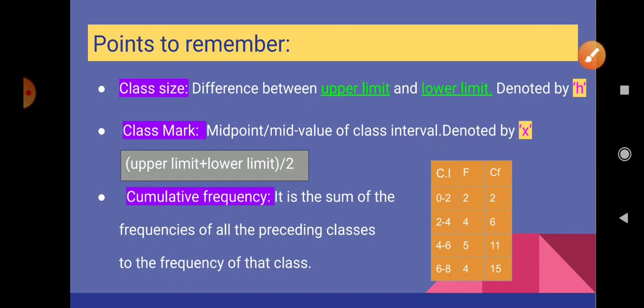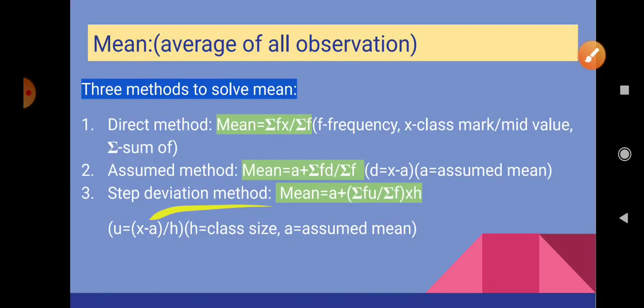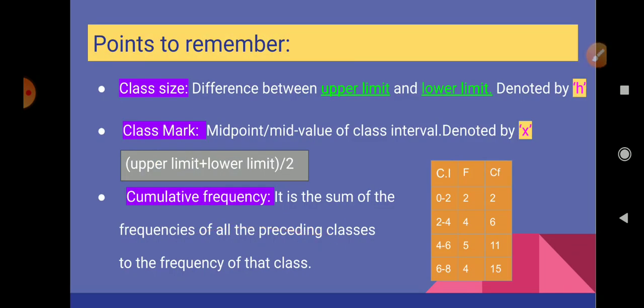Clear? Next is cumulative frequency. Observe this cumulative frequency. What is its meaning? It is the sum of the frequencies of all preceding classes to the frequency of that class. And here remember, they won't ask the definition.